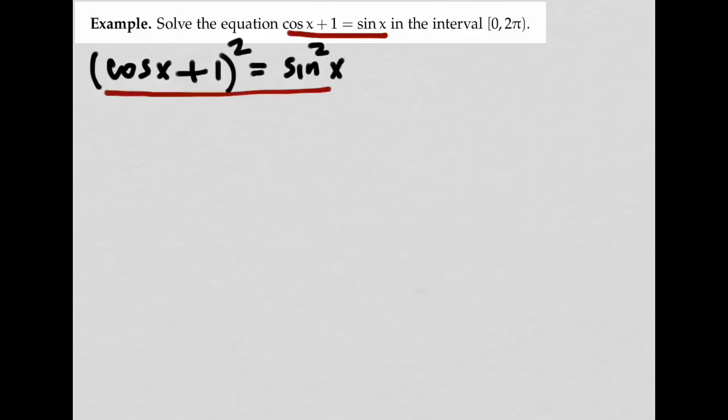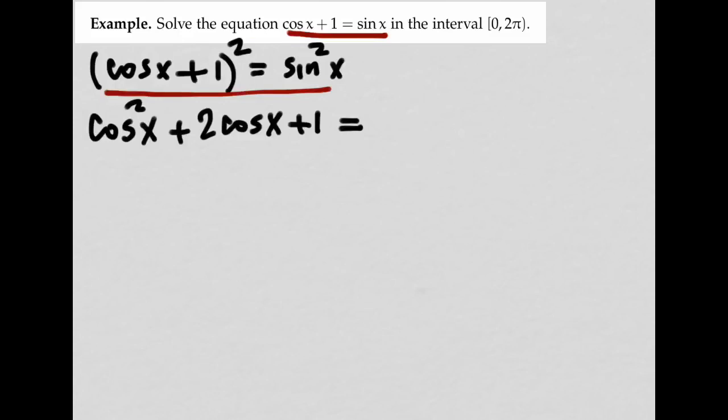Expanding on the left, we get cosine squared x plus 2 cosine x plus 1. On the right-hand side, I'm going to use a Pythagorean identity, that sine squared x equals 1 minus cosine squared x.